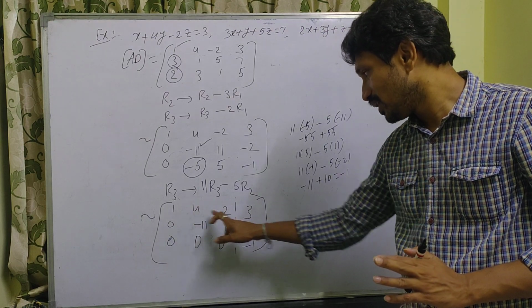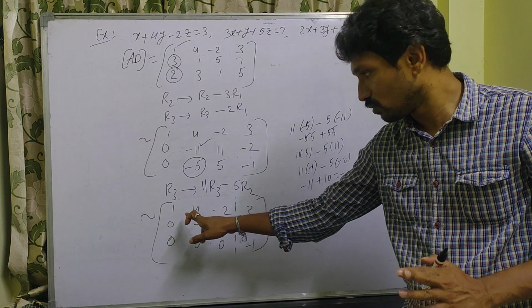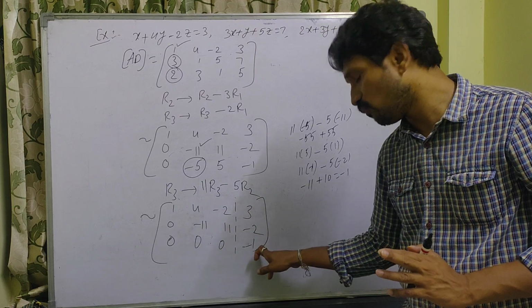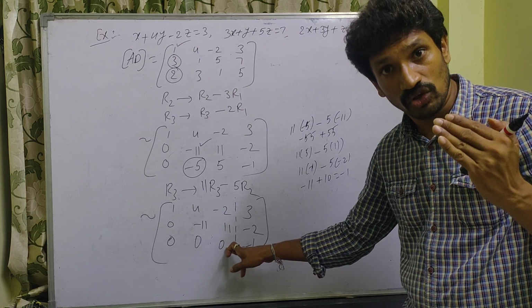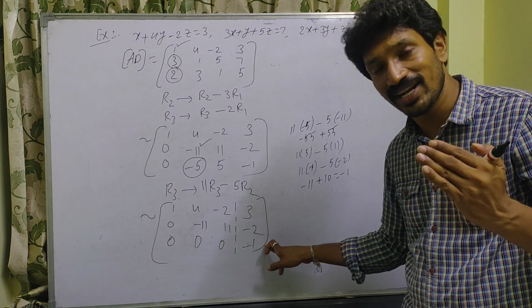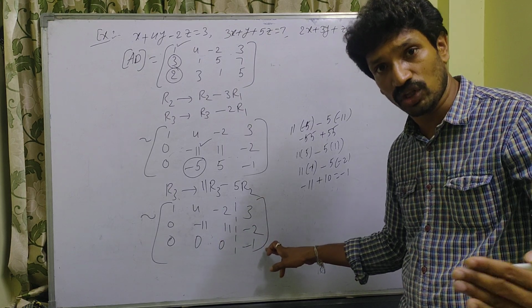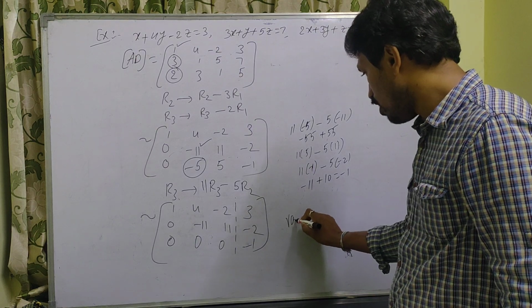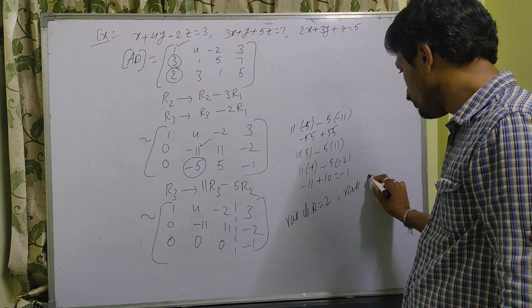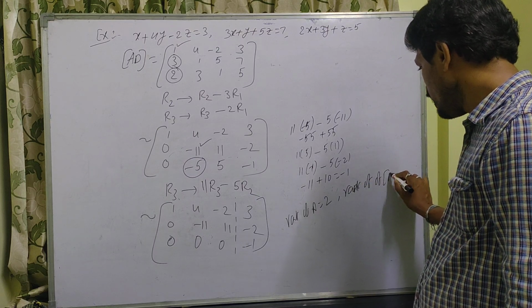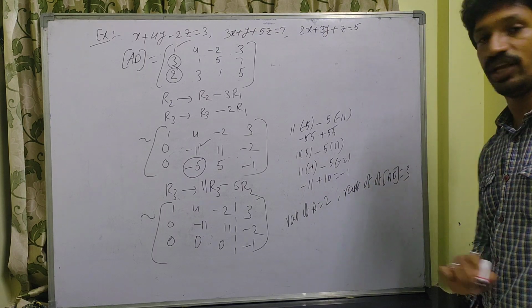Here the number of non-zero rows is 1, 2, 3 because of minus 1. In matrix A, the number of non-zero rows is 2. In matrix AD, the number of non-zero rows is 3. So rank of A is equal to 2. Rank of AD is equal to 3.